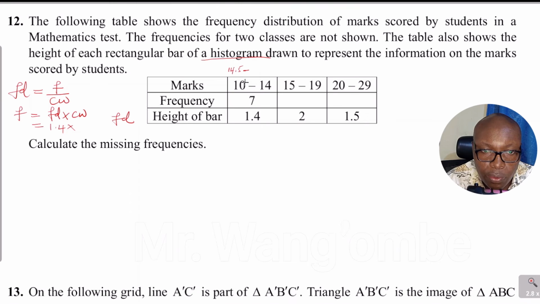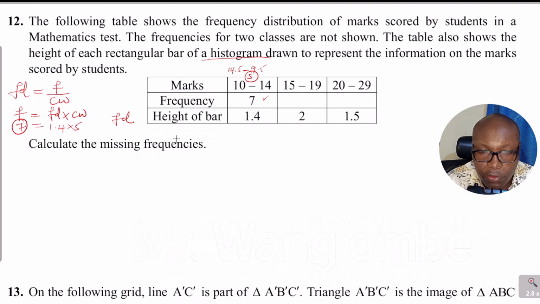You subtract 0.5, that will be 9.5. So that gives 5. So the class width there is 5. So we multiply that by 5. And when you multiply 1.4 times 5, you actually confirm that you get 7. So that one is confirmed.